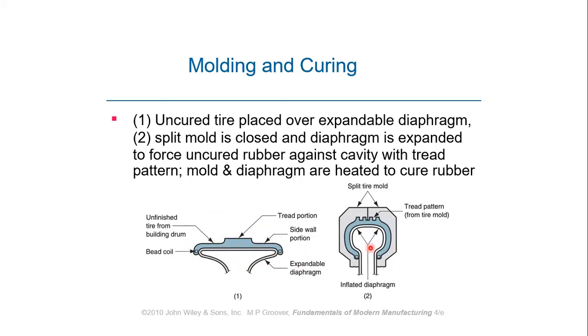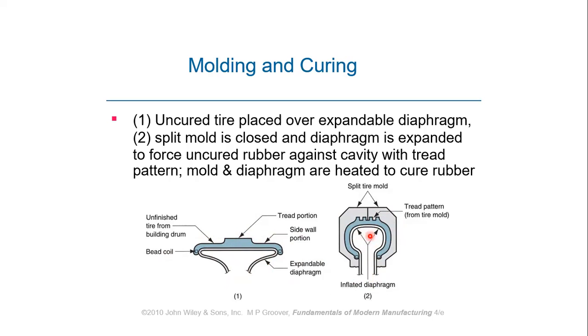This expandable diaphragm is placed into a mold. Okay, this is a split mold. Once you put this system into this mold, close the dies of the mold and apply air pressure, the outer shape of the arrangement actually takes the shape of the die that you are using because of the pressure.